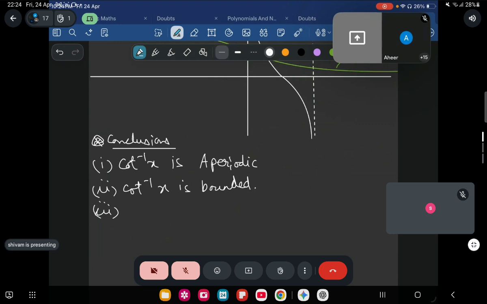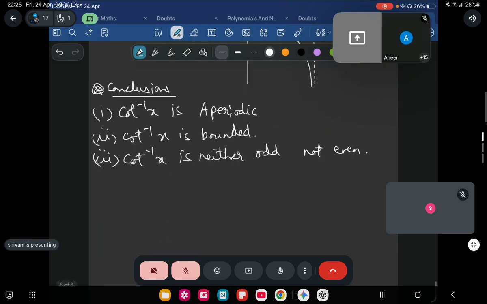Next. So cot inverse x is neither odd nor even. By looking at the graph only, we can understand. Number 4. Sir, could you explain the reason for that once?